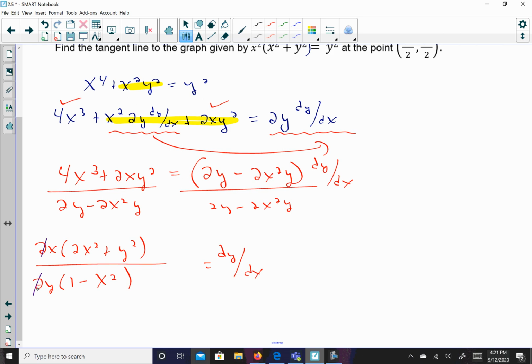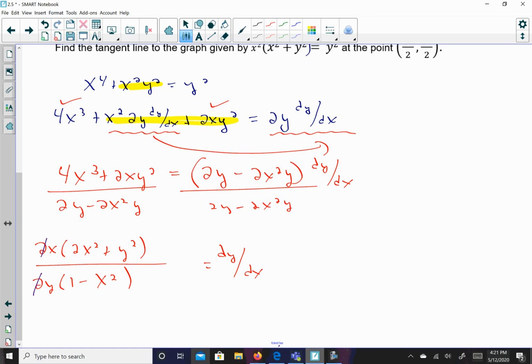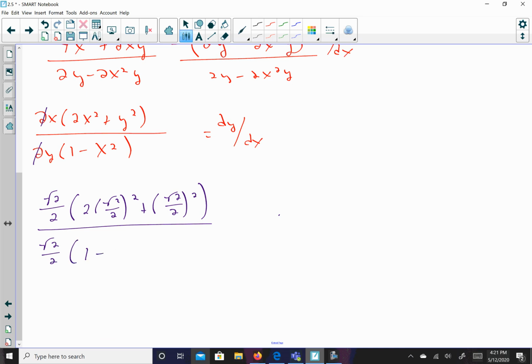Now, it wants me to find a tangent line, which means I have to find the slope, which means this is my x, and this is my y, so I'm going to substitute those in. I'm going to have the square root of 2 over 2, because that's x, and then 2 times the square root of 2 over 2 squared, plus the square root of 2 over 2 squared, since both x and y are equal to the same thing, over the square root of 2 over 2 and then 1 minus the square root of 2 over 2 squared.